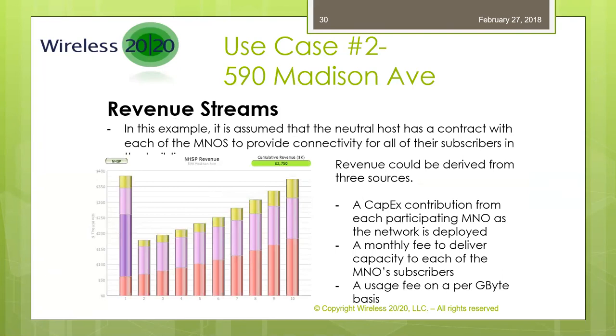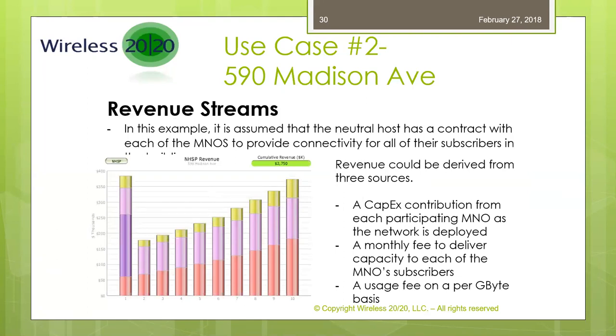Sometimes the MNOs make some kind of contribution to the Capex of the network as it's being deployed. There might be a monthly fee for each of the MNOs. There could be a usage fee on a per gigabyte basis. Maybe it's all based on traffic, maybe it's all based on a monthly fee. So there are a number of different business models that could be deployed.